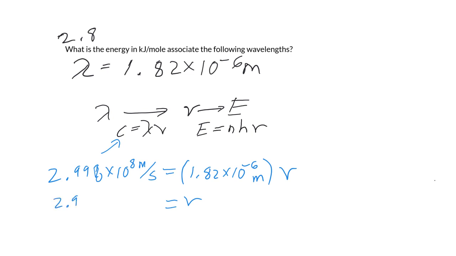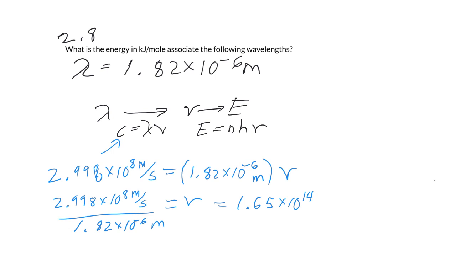Frequency equals 2.998 times 10 to the 8 meters per second divided by 1.82 times 10 to the negative 6 meters, which equals 1.65 times 10 to the 14th hertz.